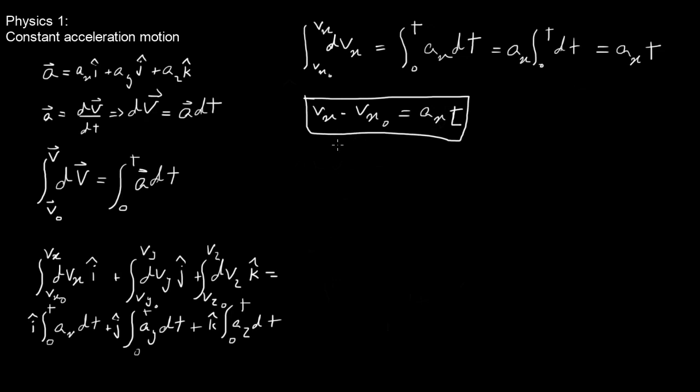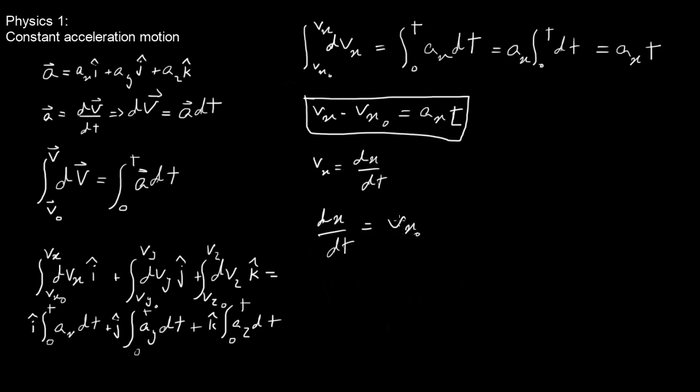So now let's say I have vx equals dx over dt. So therefore I can make another integration to determine x, right? So dx over dt equals vx naught plus ax t. This vx naught is a constant.